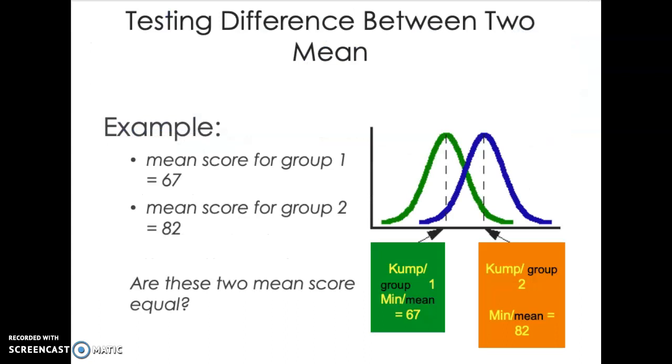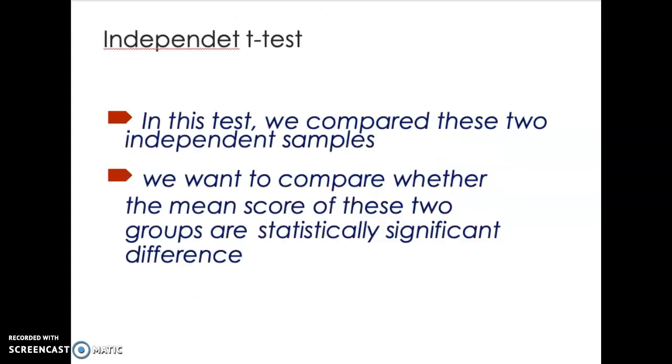So testing difference between two means. Example, you have a mean score for group 1, which is 67, and the mean score for group 2 is 82. Are these two mean scores equal for both group 1 and group 2? To know that, we need to run an independent t-test.